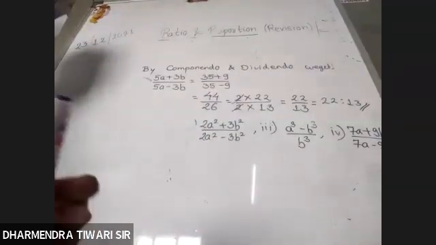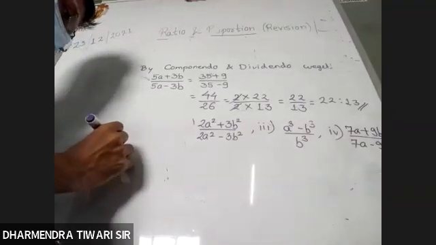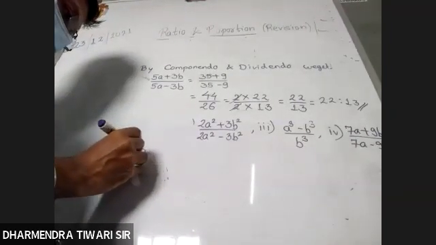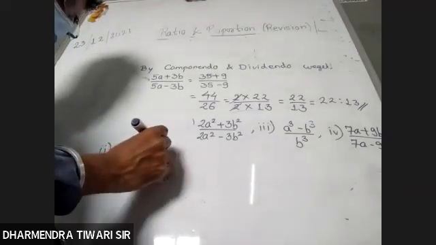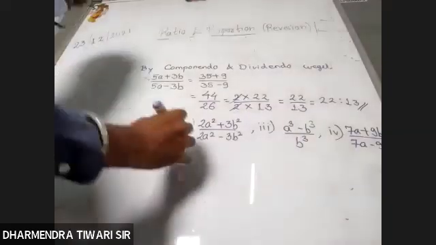This is our requirement, the second one. As per requirement, I'm solving the second for you. a by b is given as 7 by 3.